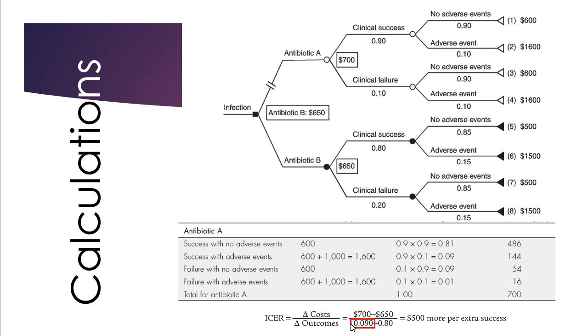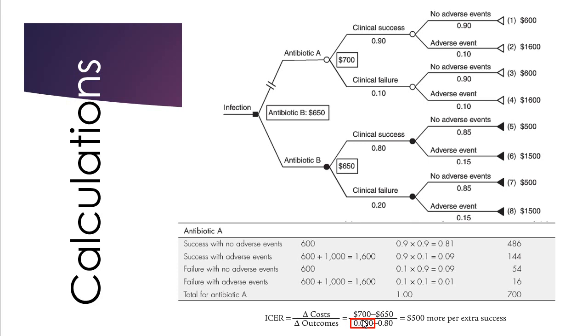I've put this in a red box because there's an error in the textbook. It should be the difference in the outcomes is 0.9 minus 0.8. The difference in the outcomes is a probability of success of antibiotic A, which is a 0.9 on top here, minus the probability of success of antibiotic B, which is a 0.8. So that's the reason for the denominator here.